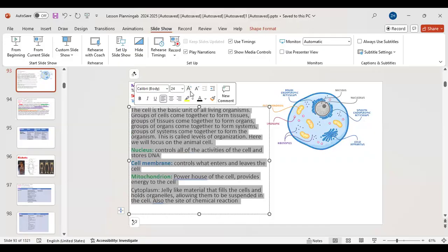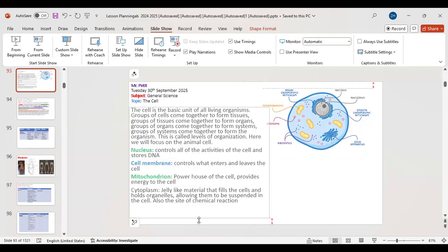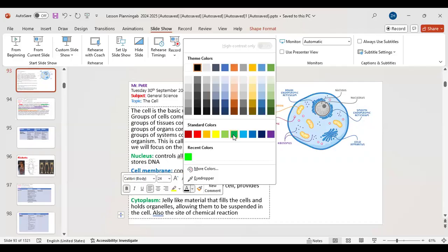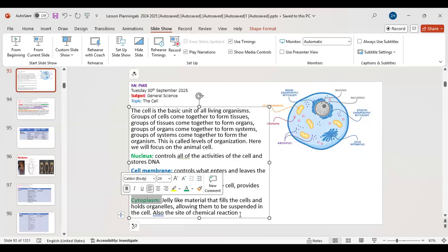But just know that a lot of chemical reactions take place in the cell, and they happen in the cytoplasm.